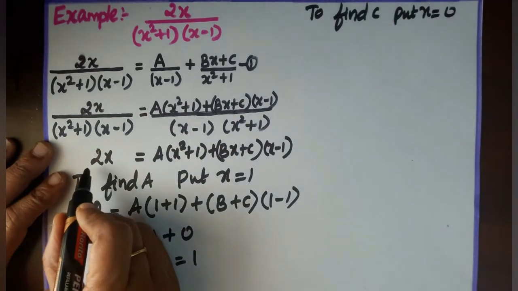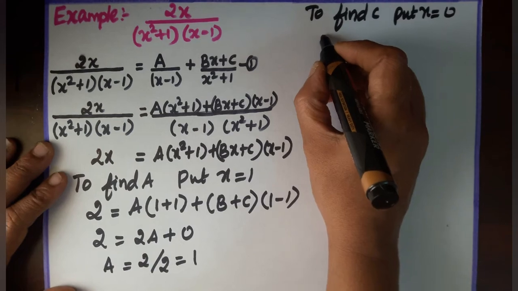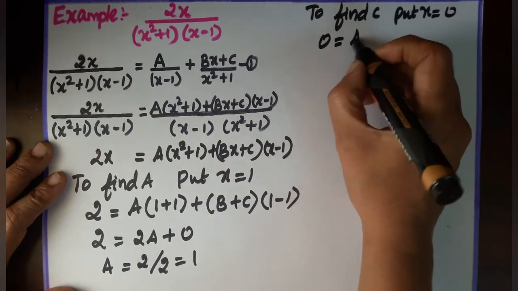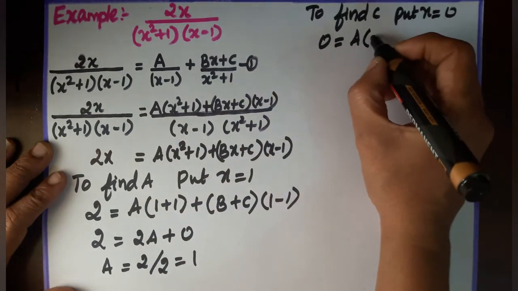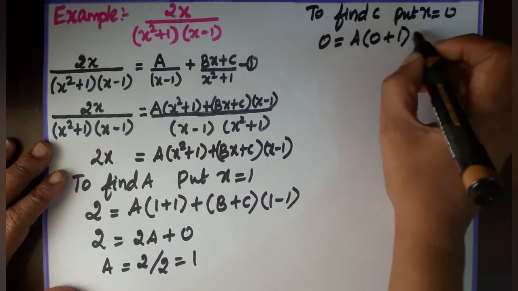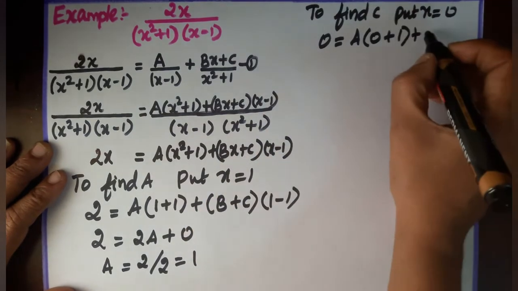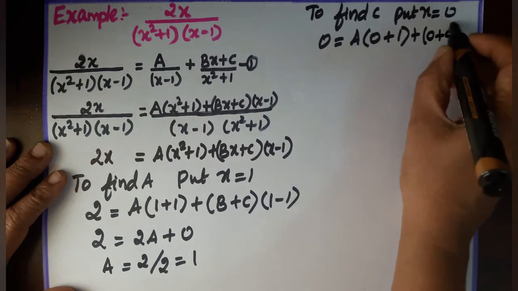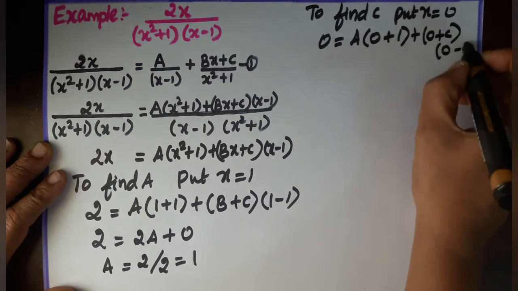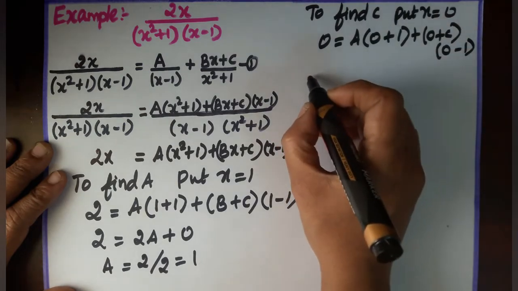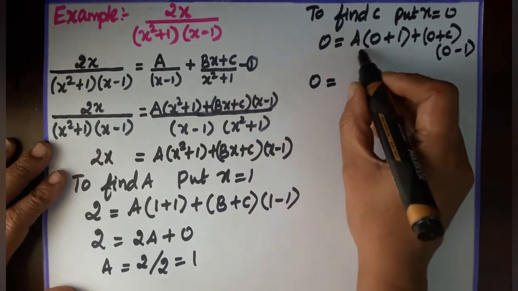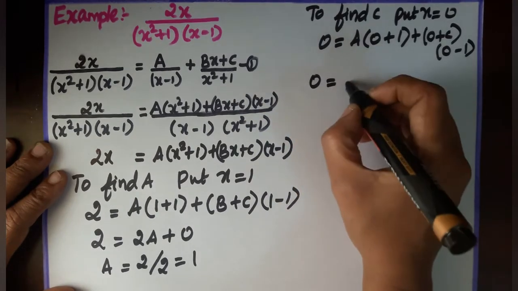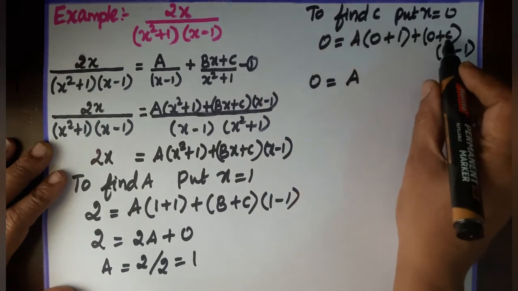Then we get 2 into 0 is 0, equal to A into 0 square is 0 plus 1, plus b into 0 is 0, plus c into 0 minus 1. Then we get 0 equal to 0 plus 1 is 1, 1 into A is A, 0 plus C is C.